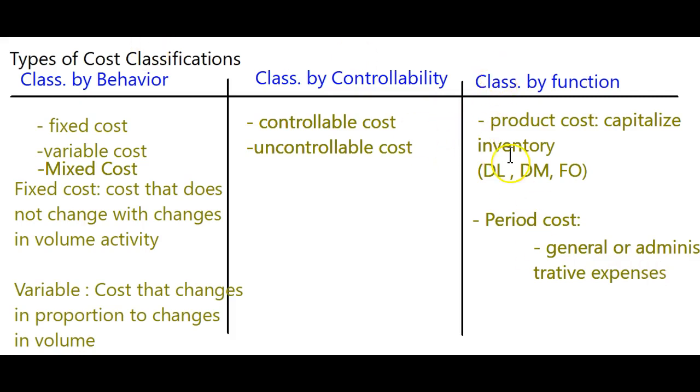All right, so now let's go cover the last two. The last two that we have are classification by relevance and classification by traceability.